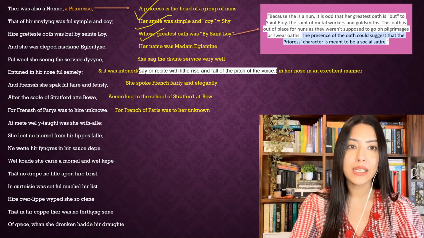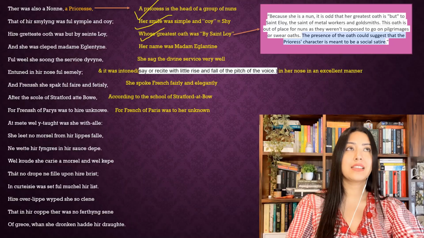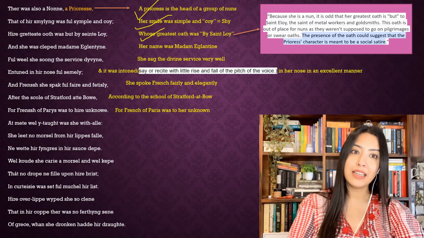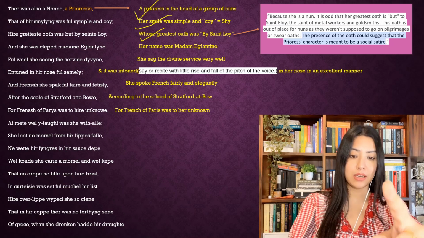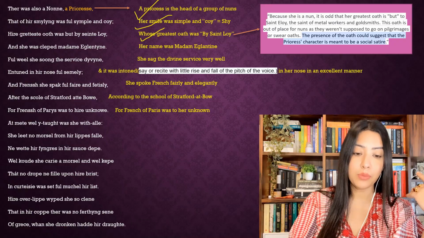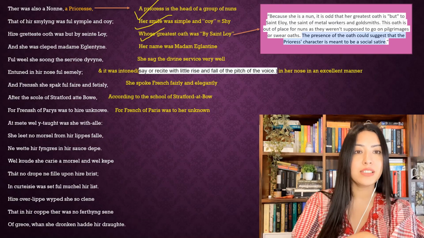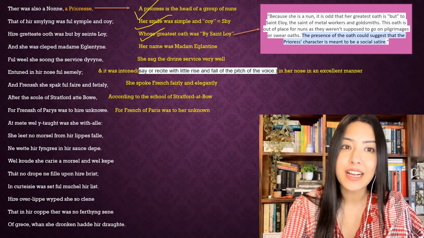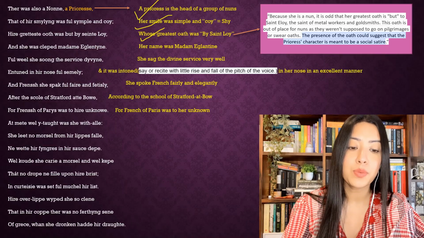When you're spiritually invested, if you're a nun, you're supposed to be invested with other worldly things like God, like spirituality, but she is very worldly, very materialistic, and this will again keep coming as we listen. We actually decipher who she is as we move forward in the text. You will see that she is a very worldly person, and this is the satire, this is the sarcasm, this is the irony that he's using. That her greatest oath was by Saint Loy.